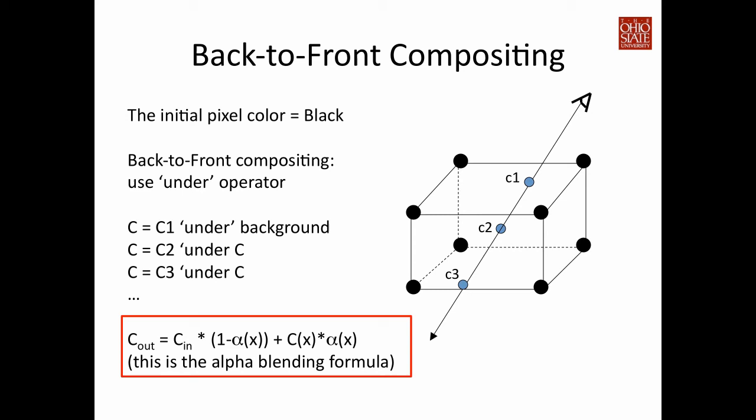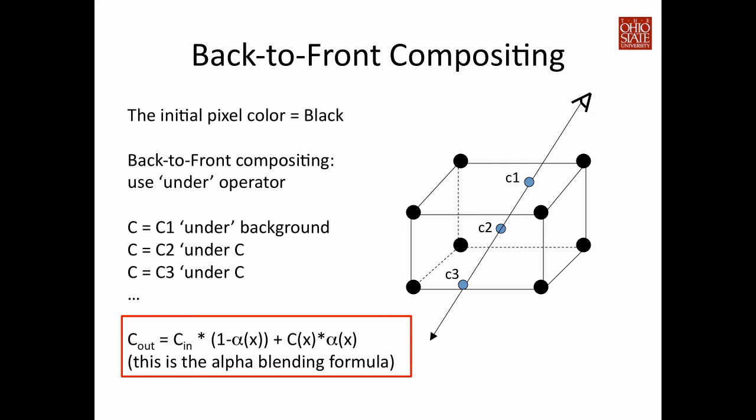So initially, I'm going to assume the pixel color is black before I obtain any contribution from the volume data. Then I'm going to get the value C1 and the alpha 1 for the first point. Because initially my pixel color is black, I'm going to add the contribution of the first point to a black color.